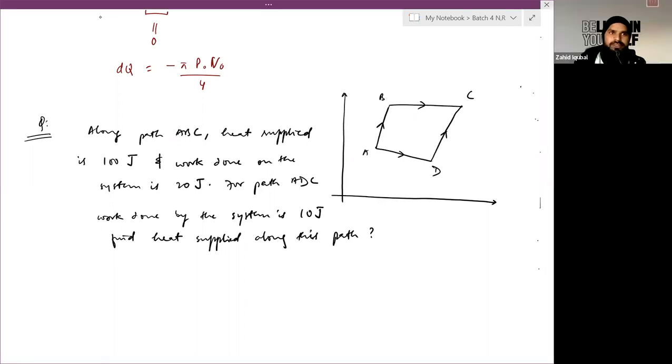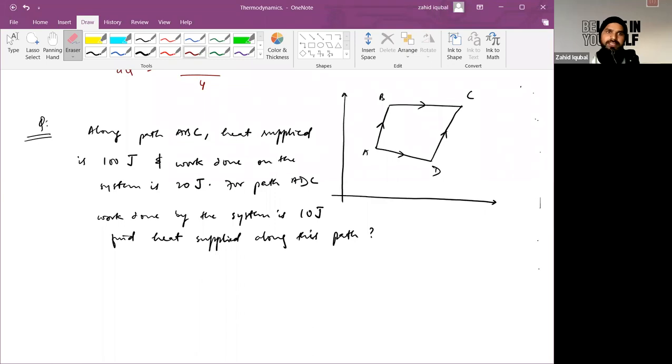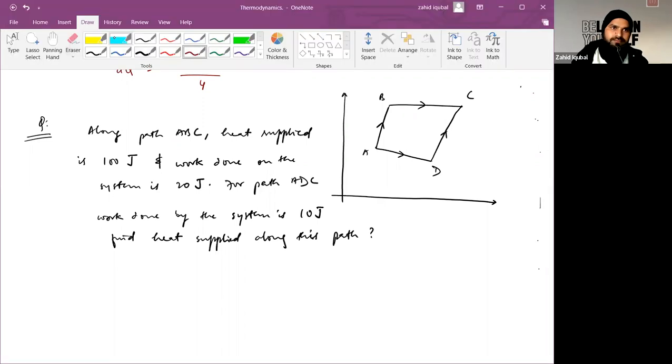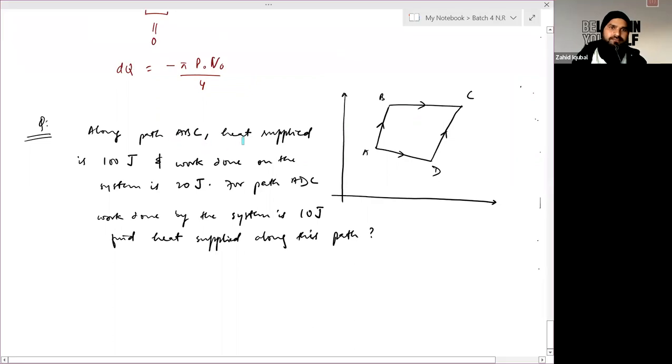So try to calculate the terms in terms of internal energy and then equate them to find the required value. Keep in mind the sign convention related to each part.